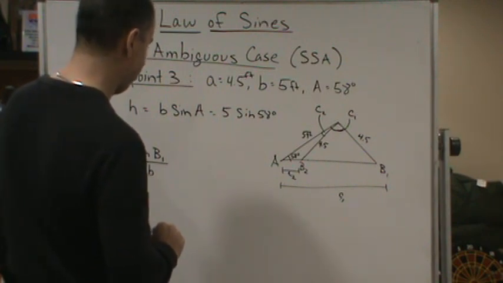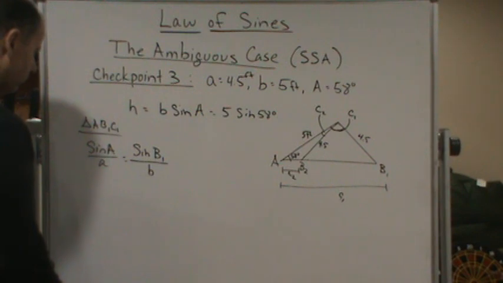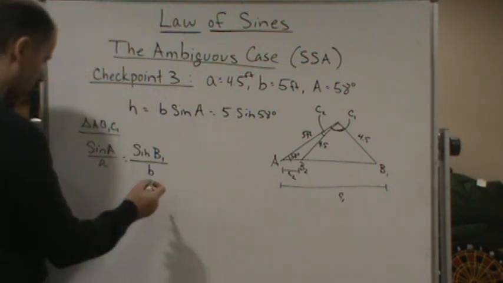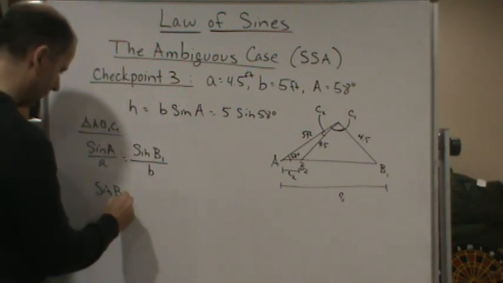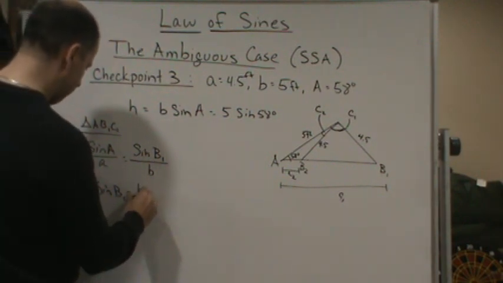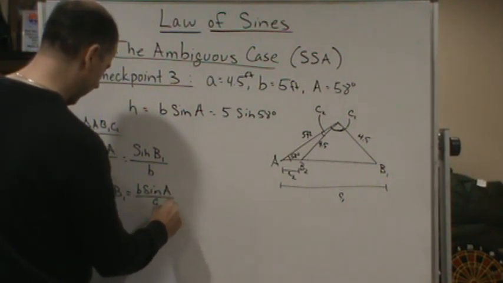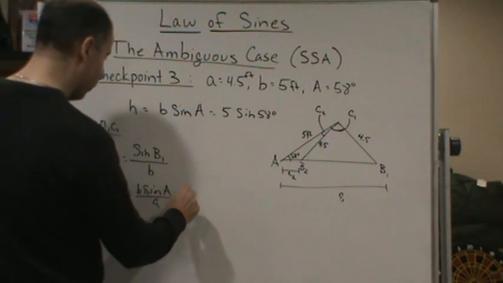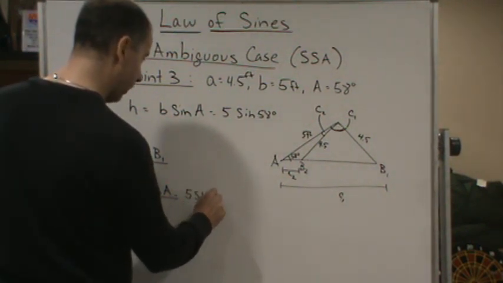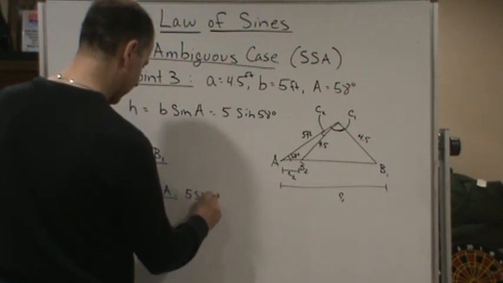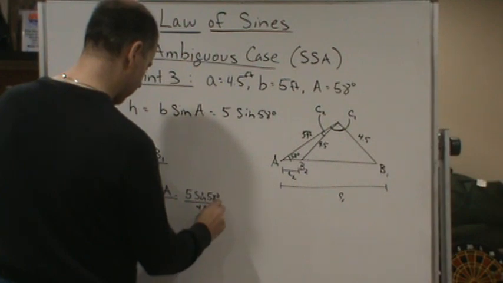Okay, now let's plug and chug. So sine of B1 is equal to B sine A over A, which is going to equal, B is 5, so 5 times the sine of 58 degrees over A, which is 4.5.